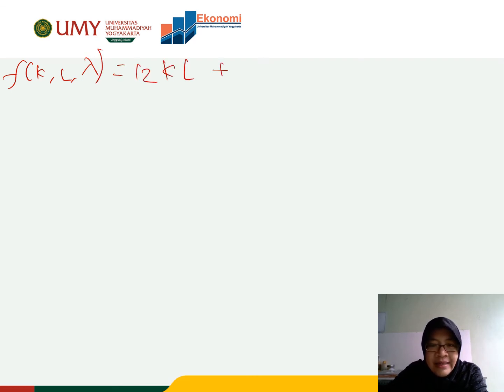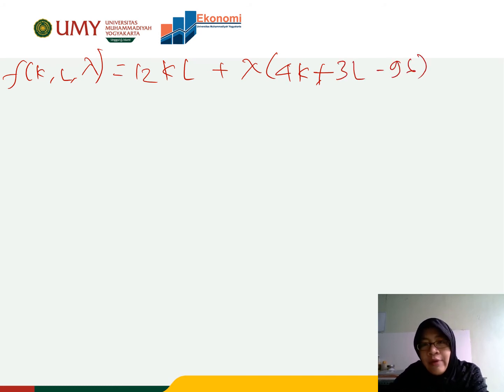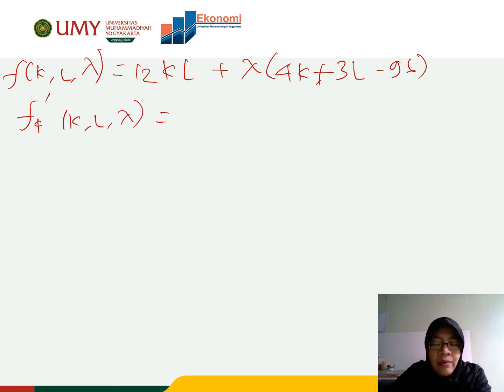Okay, plus Lagrange, 4K plus 3L minus 96. We already have this Lagrange, and then we need to differentiate it for the capital. So how is the first differentiation? Here we have 12L, right?